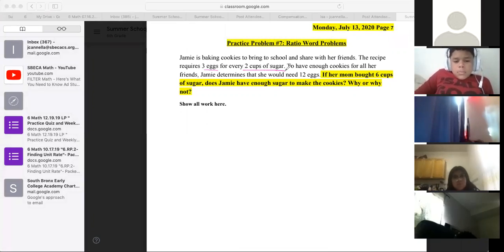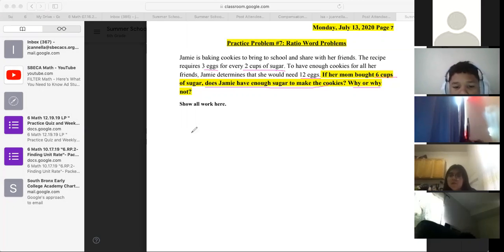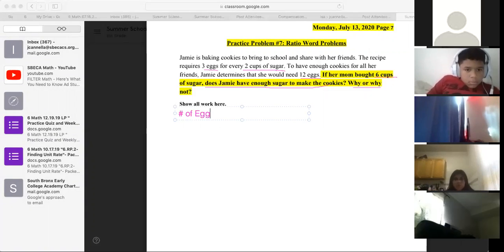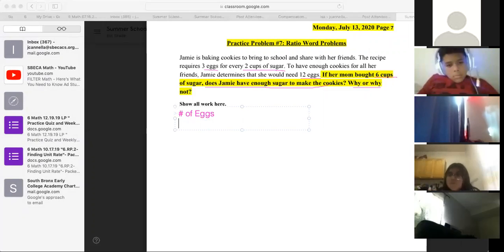To have enough cookies for all her friends, Jamie determines that she would need 12 eggs if her mom bought 6 cups of sugar. Does Jamie have enough sugar to make the cookies? Why or why not?